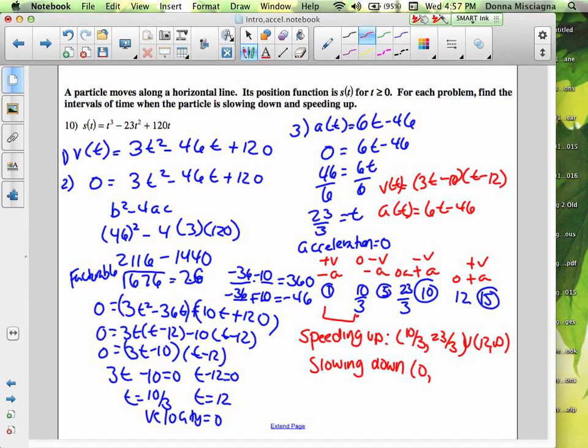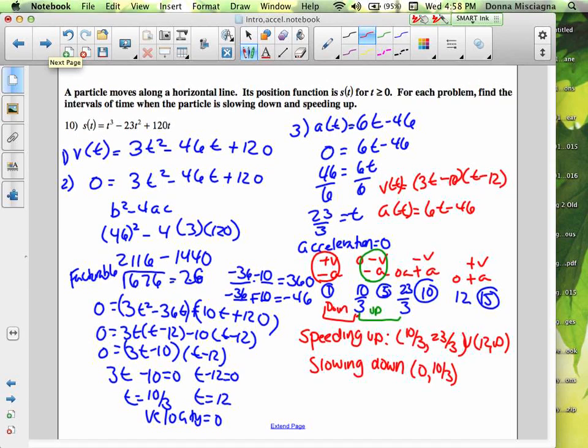So here we're slowing down. I'm going to put down for slowing down. Just want to make sure this is clear because it's a little busy in here. So right here, we're speeding up, because they're both negative. Here they were different, so from 0 to 10 thirds, we were slowing down.